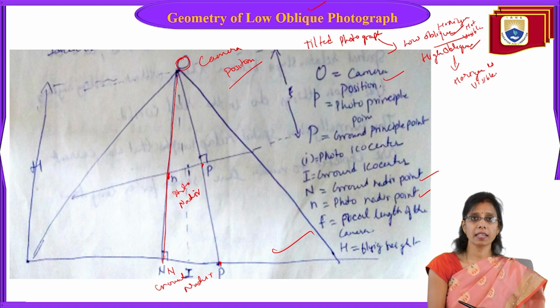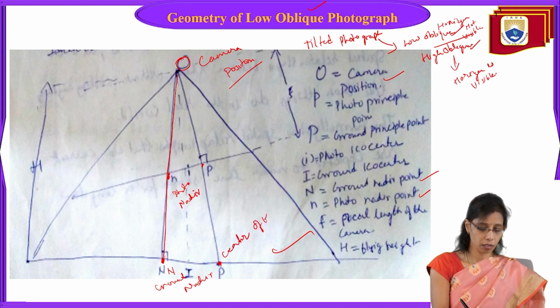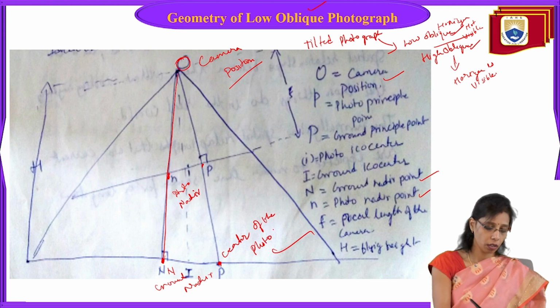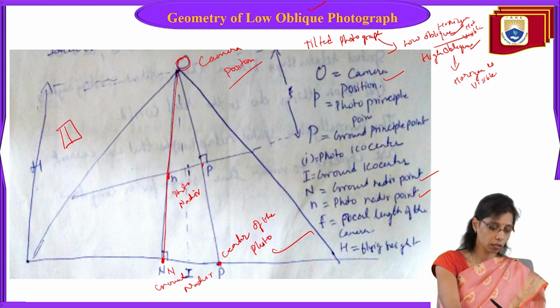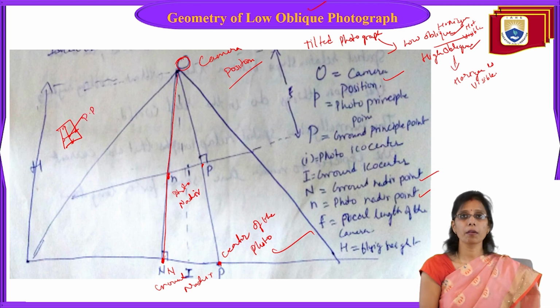So nadir point is exactly the point beneath the camera. The point on the ground beneath the camera is called the nadir point. Whereas the principal point is the center of the photo. When you join all these fiducial marks, you get a center called the principal point.